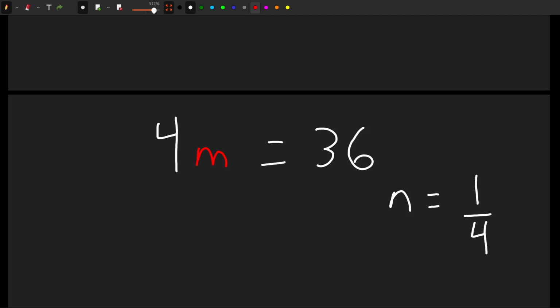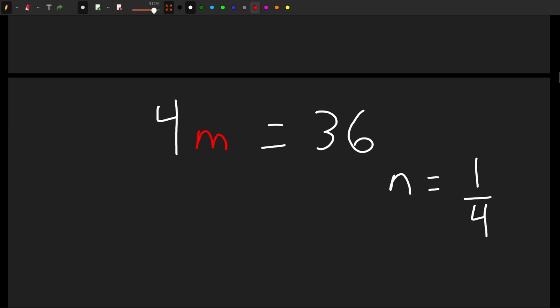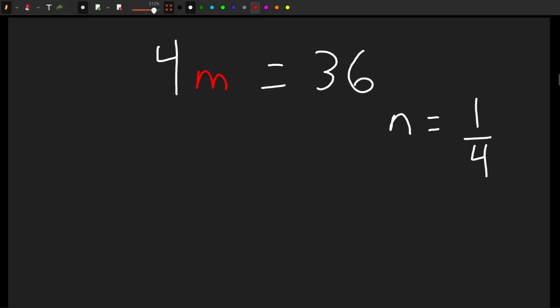Because I want to get m alone, the way to get m alone is to multiply by the reciprocal of 4, which is 1/4. So I'm going to multiply both sides by 1/4.